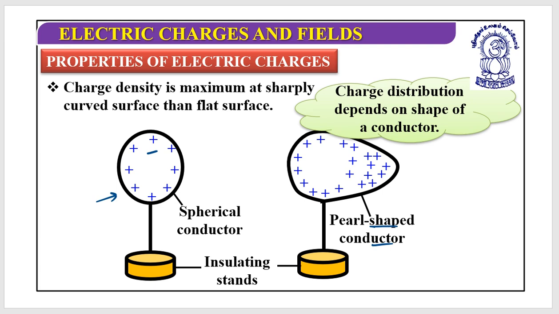This is a sphere having no edges. It's a complete circle. And this is an object having different sides and edges. Look at this. Both have different radii.